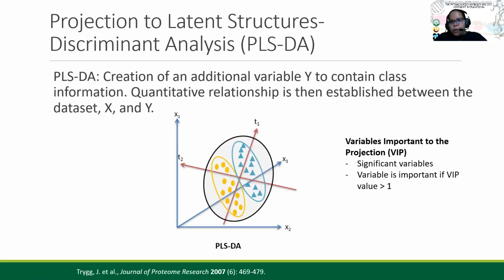You also have for supervised analysis your projection to latent structures, discriminant analysis. So this discriminant analysis actually can be used to, for example, if you want to determine whether a particular sample belongs in a particular class of samples, then ginagamit tong PLS-DA, OPLS-DA, SIMCA. So this is very useful for purposes of, like, for example, quality control.